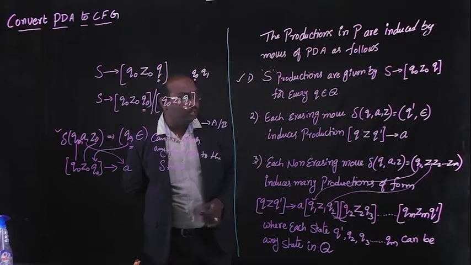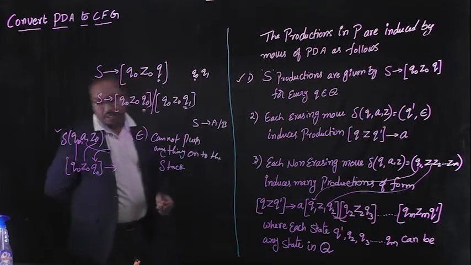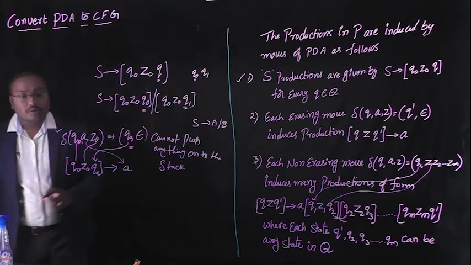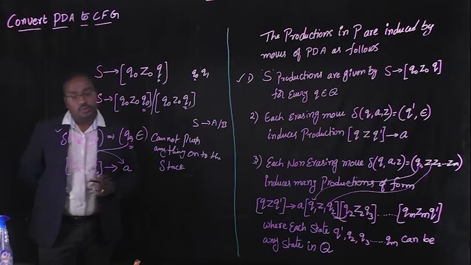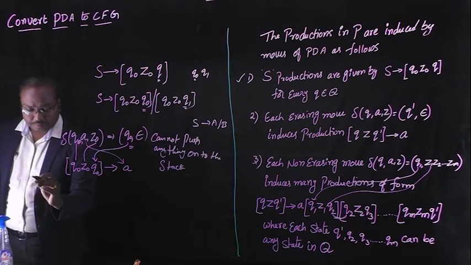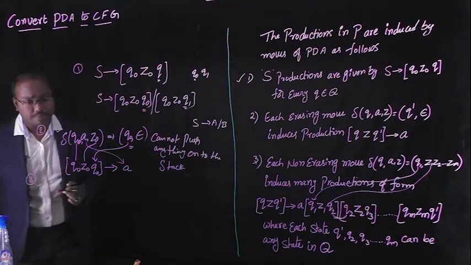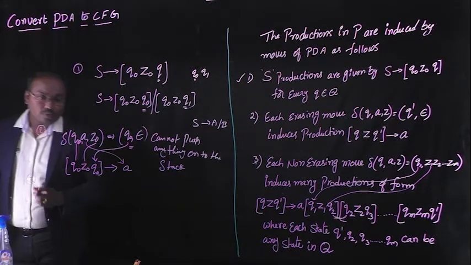These are the possible states. So how to write these states? For coming to the third step, for non-erasing moves, so this is the third step, and this is the second one, and this is the first step. So coming to the non-erasing moves, how to form the production rules?